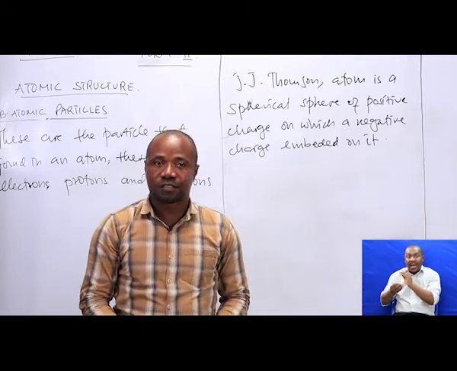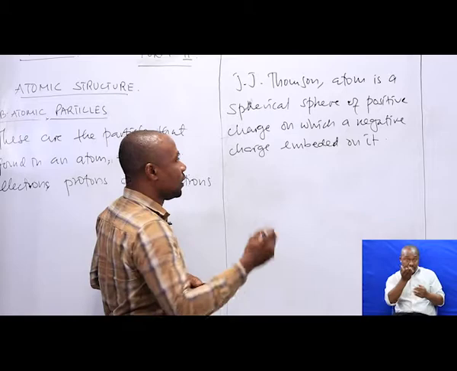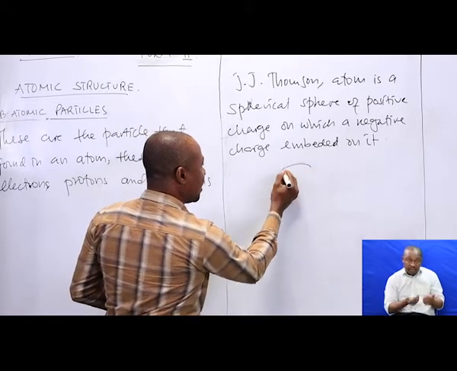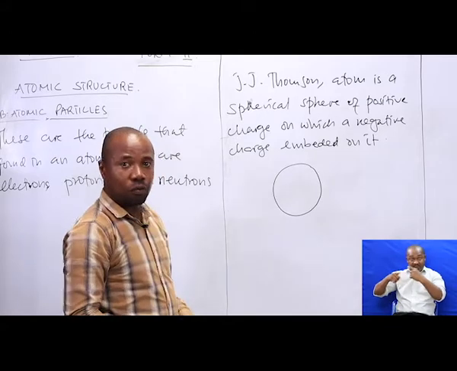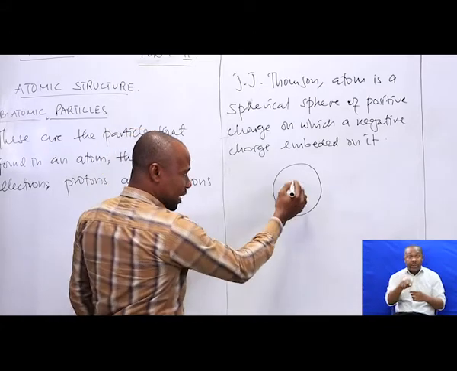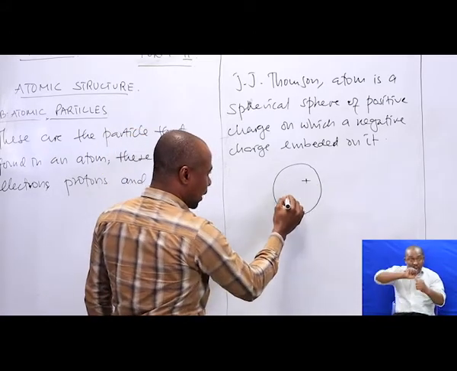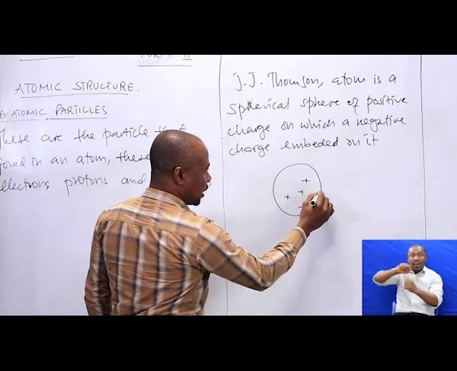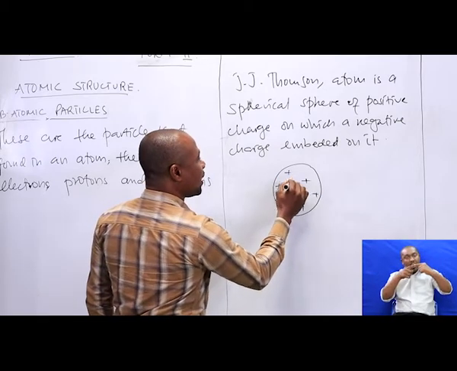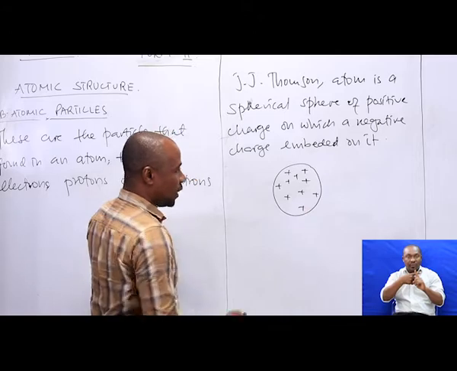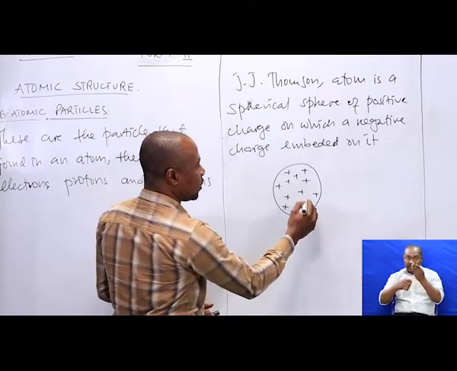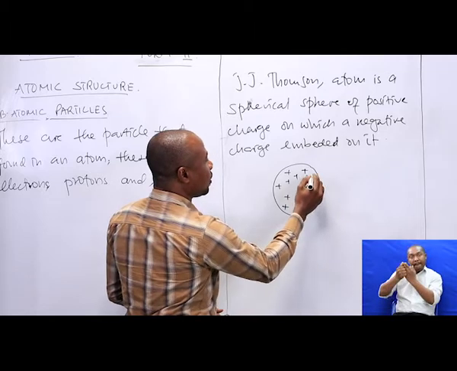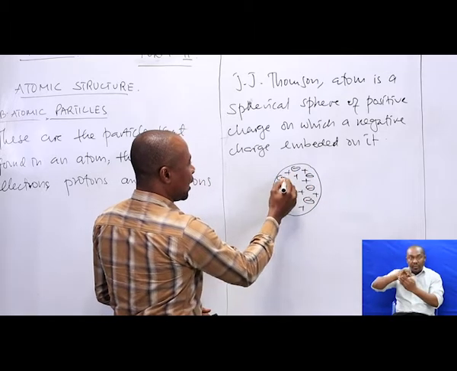My dear students, we have seen that if this is our sphere, which is an atom, all around the sphere was positive charge, and the negative charge was just embedded on it, like this.